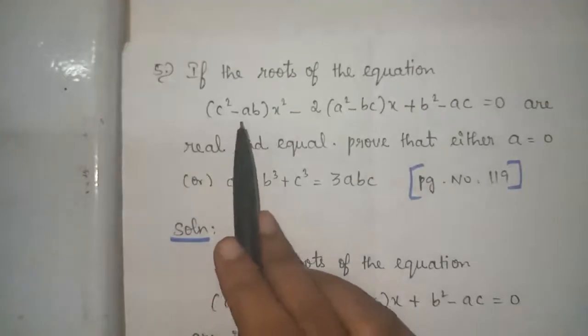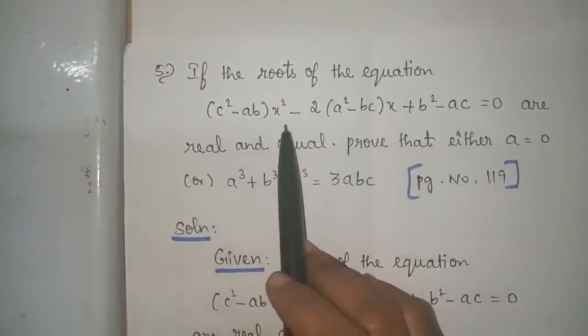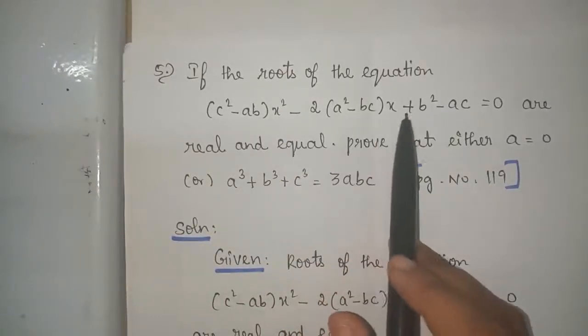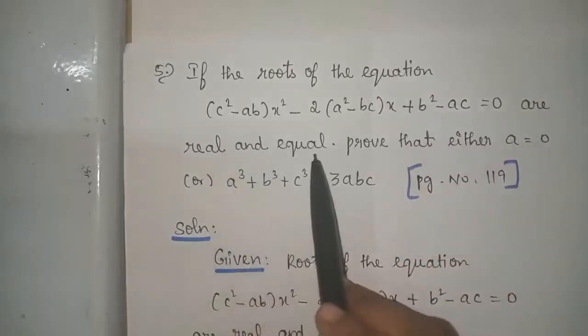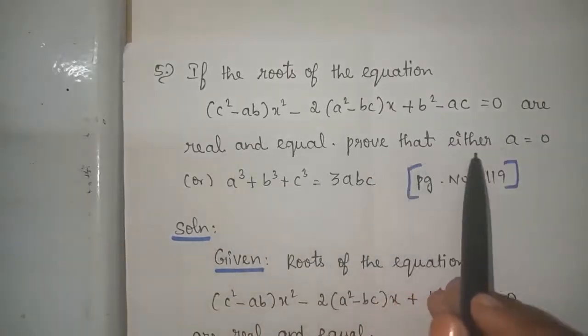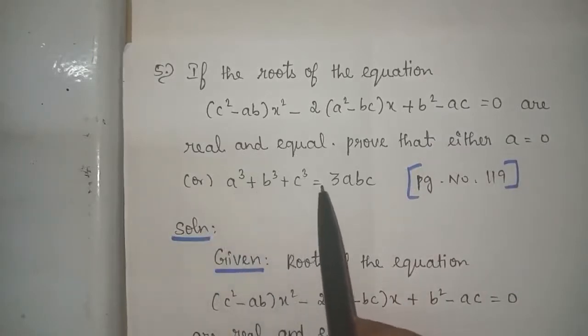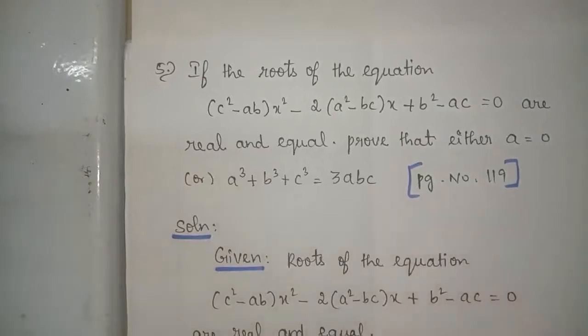Problem number 5. If the roots of the equation (c square minus ab) x square minus 2 (a square minus bc) x plus (b square minus ac) equal to 0 are real and equal, prove that either a is equal to 0 or a cube plus b cube plus c cube is equal to 3abc, which is on page number 119.